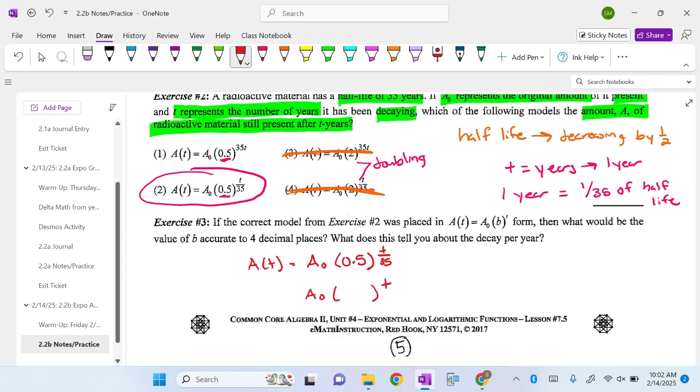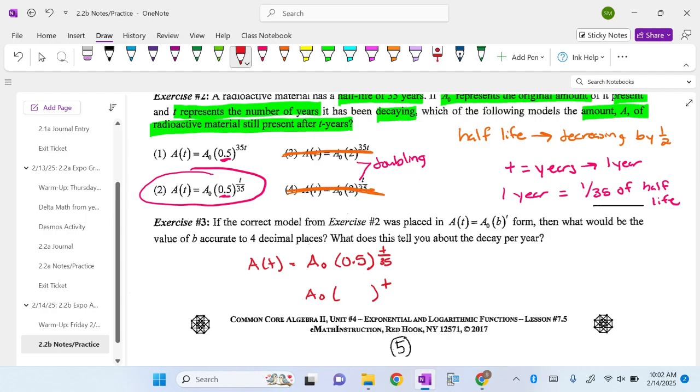How could I rewrite this exponent T over 35? I essentially want to separate the T and the dividing by 35. I just want to separate the two into two distinct values. How do you think I can do that?